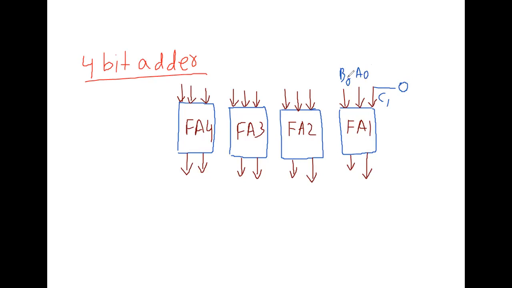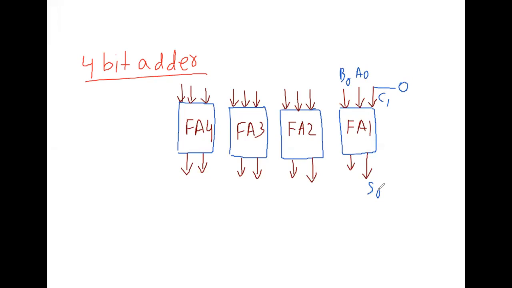Whatever the number is, that will be the input to this full adder. A naught and B naught are the LSB bits. What about the outputs? This is S naught, meaning sum, the first output.